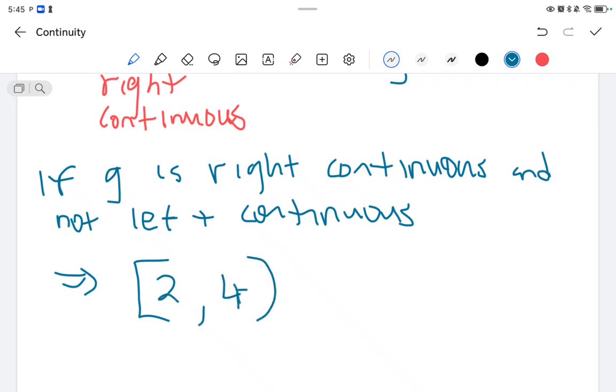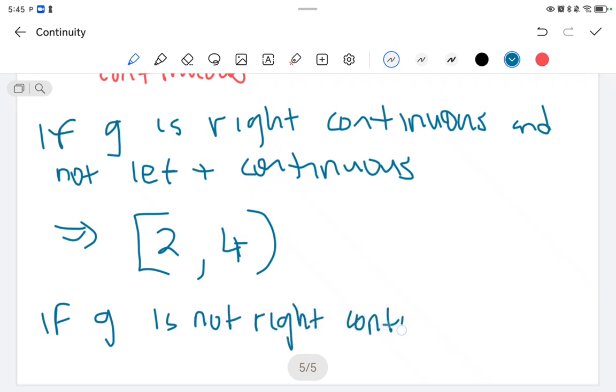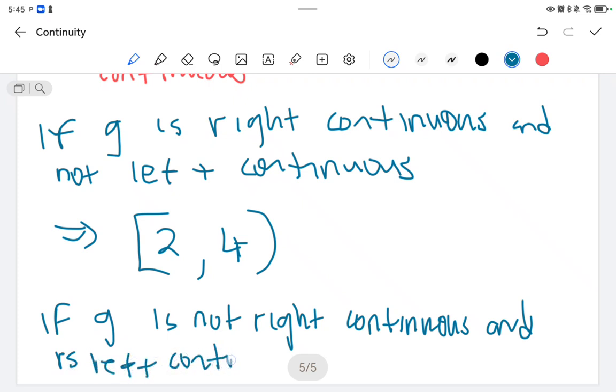And if g is not right continuous and is left continuous, then we represent it like this.